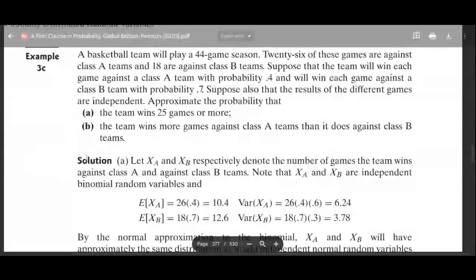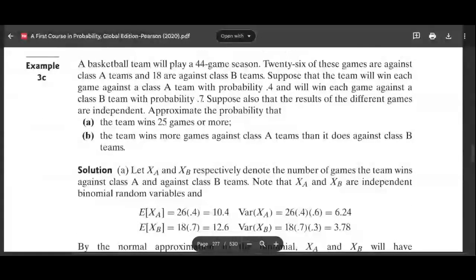Let's see this example. A basketball team will play a 44-game season. 26 of these games are against Class A teams and 18 are against Class B teams. Suppose that the team will win each game against a Class A team with probability 0.4 and each game against a Class B team with probability 0.7. Suppose also that the results of the different games are independent.